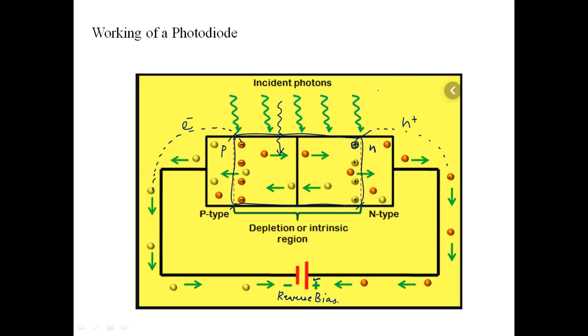So this constitutes a current, but it is not forward current, it is reverse current. Although it is not an appreciable current like that of forward current, still we get some reverse current out of a photodiode, which can be used for some meaningful applications.